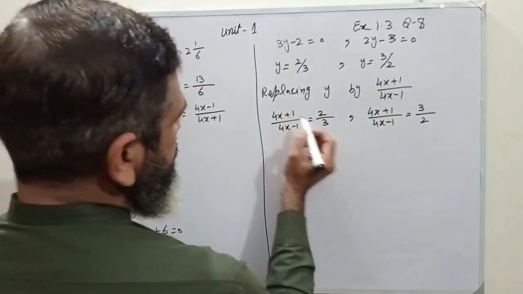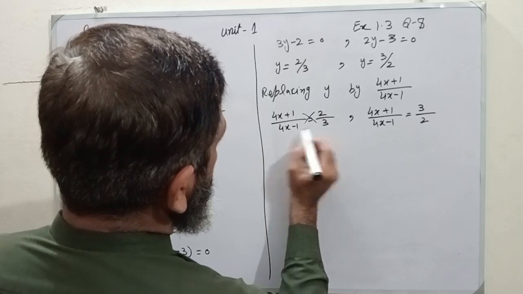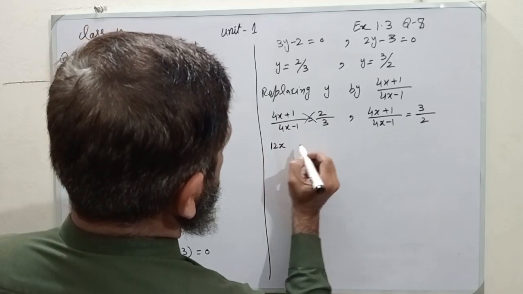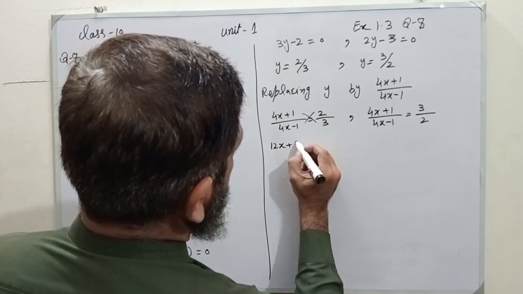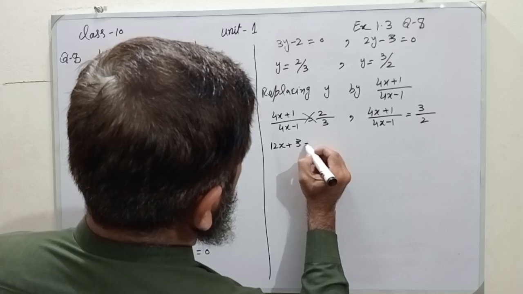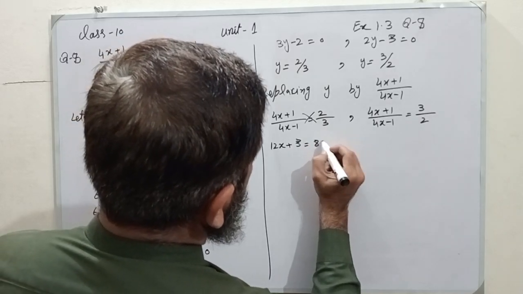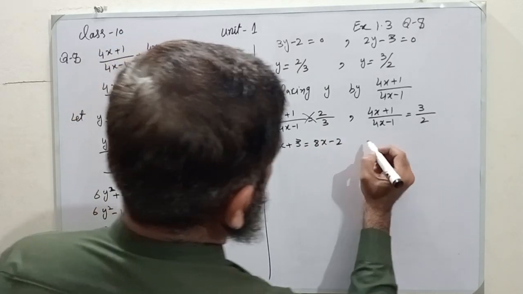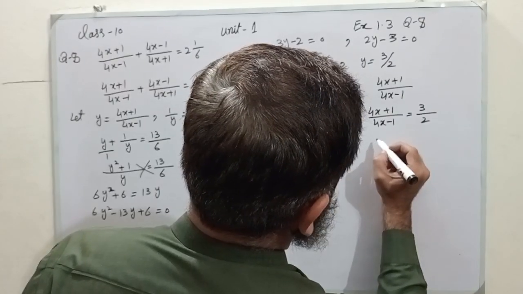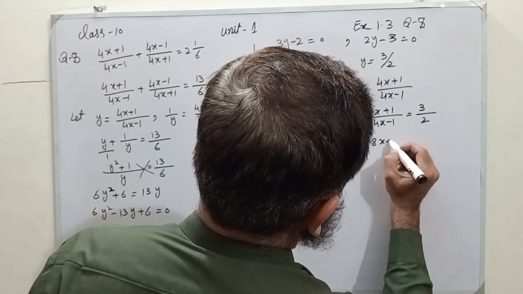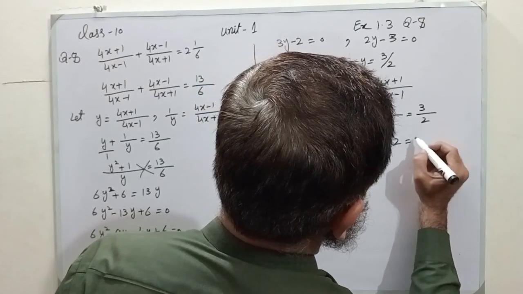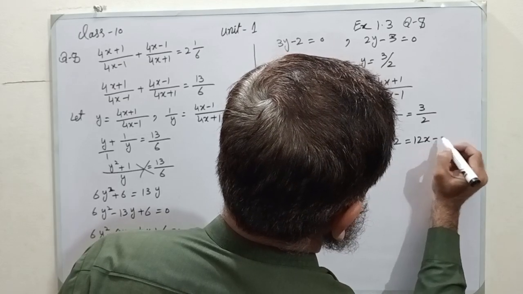Okay, use cross multiplication. Here 12x plus 3 is equal to 8x minus 2. Here 8x plus 2 is equal to 12x minus 3.